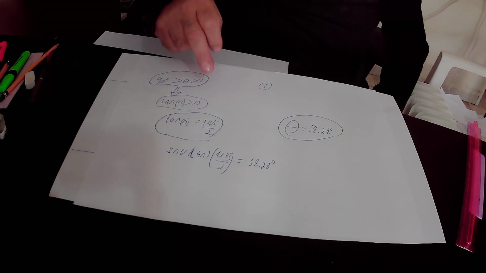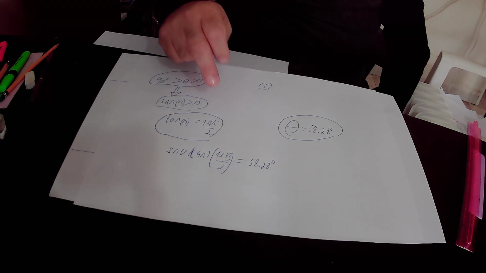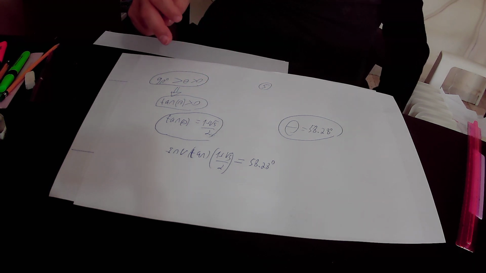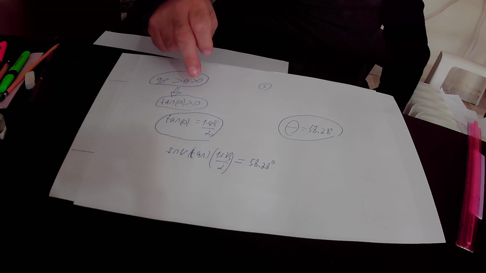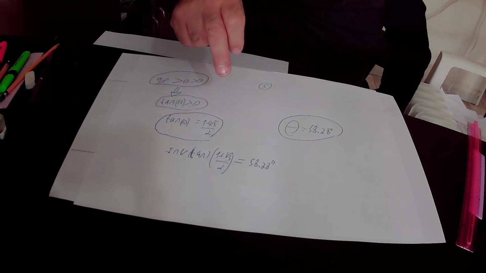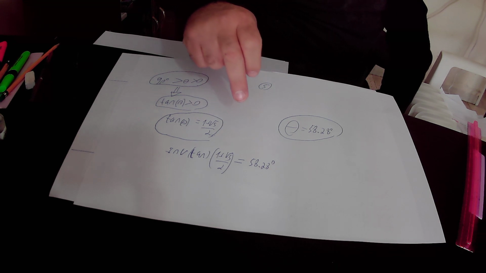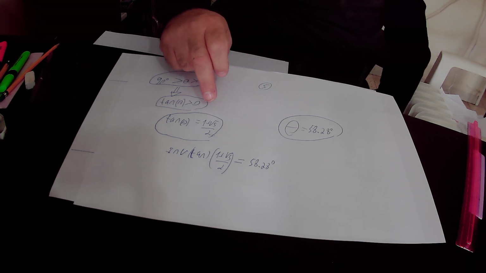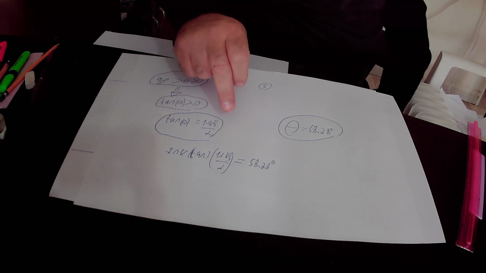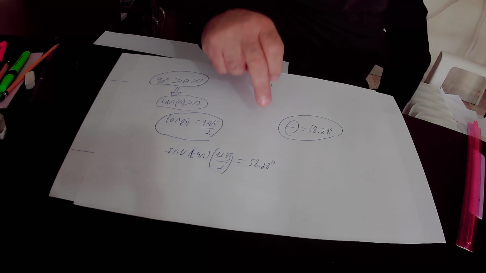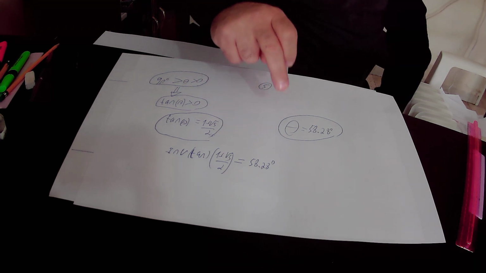And if tangent theta equals 1 plus square root of 5 over 2, here we will apply the opposite function of tangent, that is inverse tangent, on the result in order to get the value of theta itself. And when we applied the inverse tangent on the result, that is 1 plus square root of 5 over 2, we got that theta itself equals 58.28 degrees.